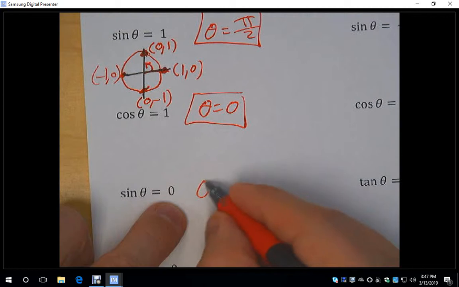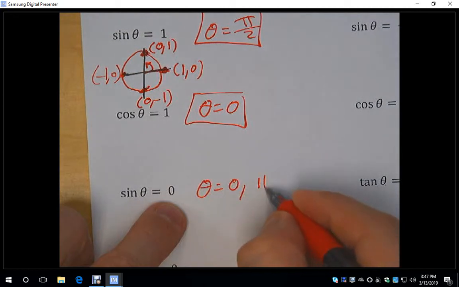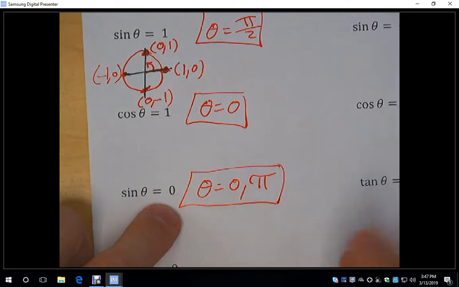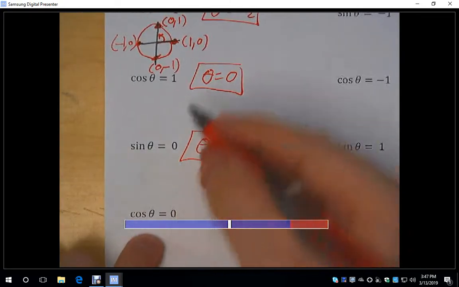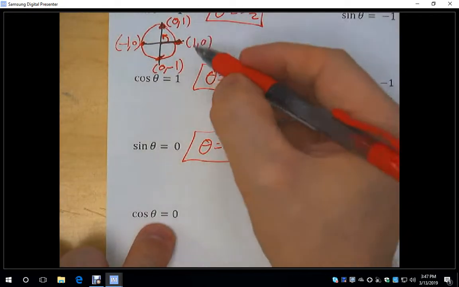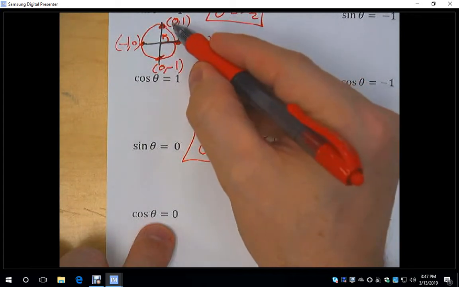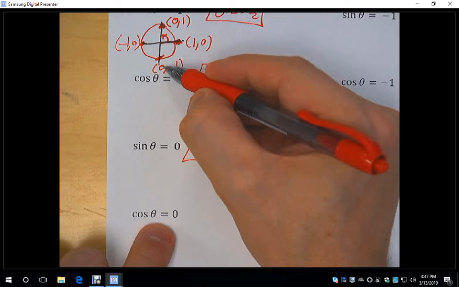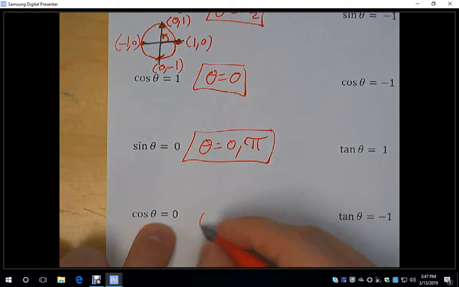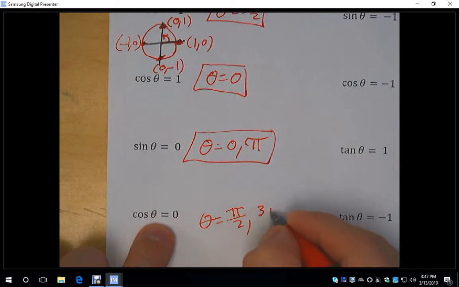So theta in this case equals 0 and pi. Now cosine of theta, cosine is my x value. My x value is 0 right here and here, so that's a 90-degree rotation and a 3 pi halves rotation. So theta equals pi halves and 3 pi halves.